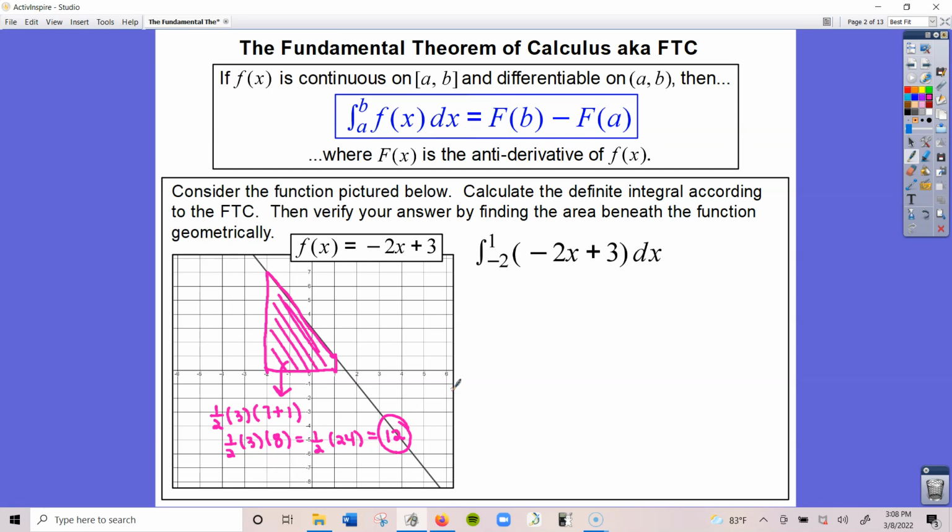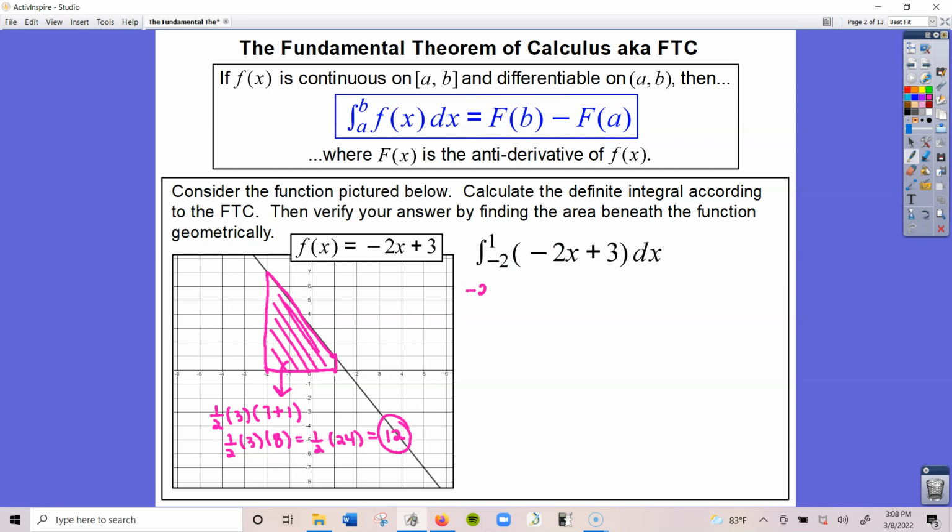Now we're going to calculate this same definite integral but using the FTC, and you're going to see how we get the same number. So when you have your limits of integration here, we're just going to set that aside for a second. We're going to integrate this function. So we're going to apply that rule where you add 1 to the exponent and divide by the new exponent.